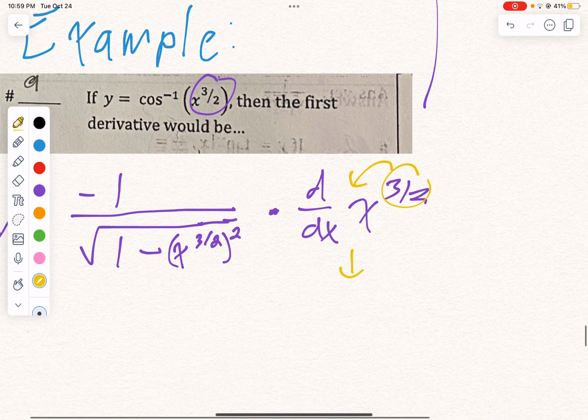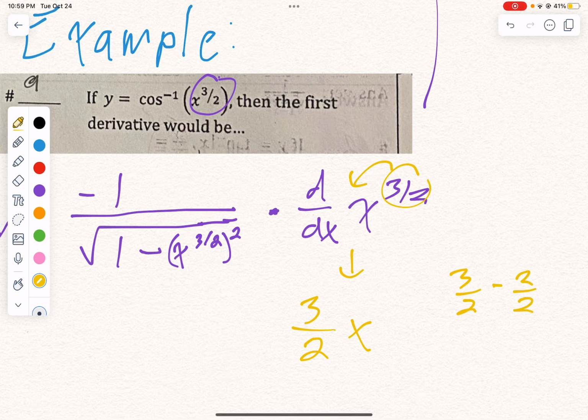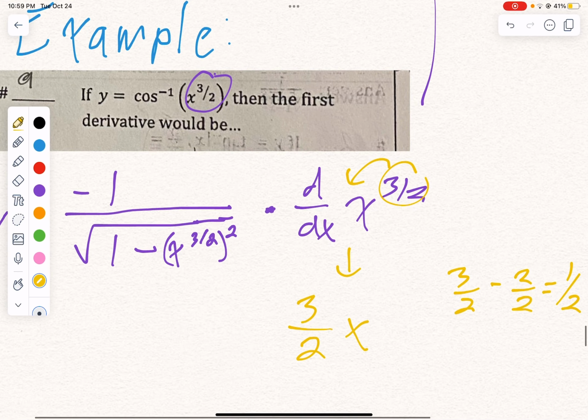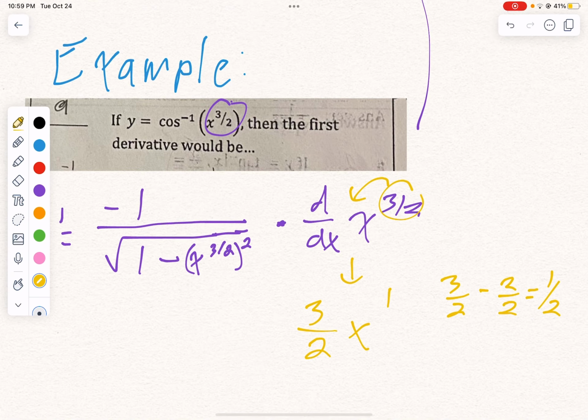This would turn into 3 over 2 x. And this is a little bit confusing for a lot of people, but 3 over 2 minus 1, or 2 over 2, is going to just be 1/2. I know a lot of students end up putting the negative 1/2 there. It is just going to end up being 1/2, so 3/2 x to the 1/2.